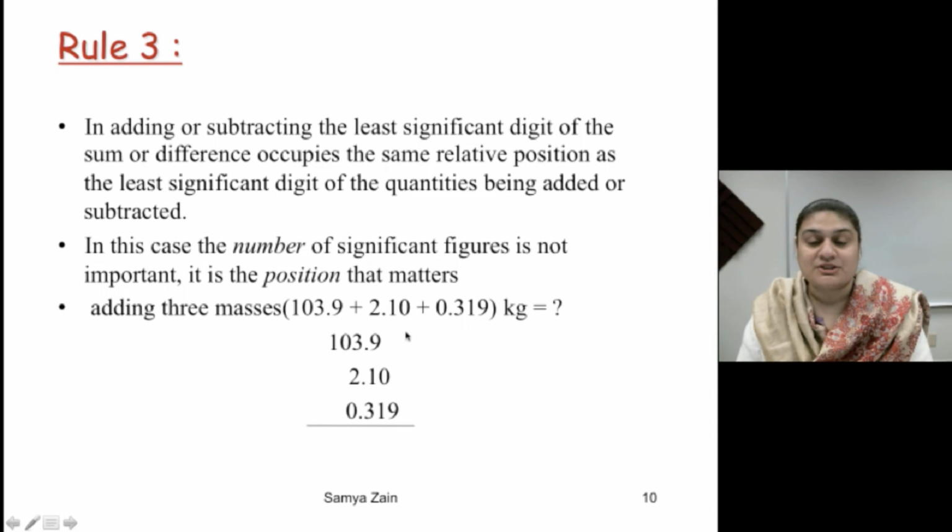Okay? And then you can start adding from the right-hand side. So your answer should be 9, 1, 9, 10, 11, 12, 13, 3 and 1 will get carried over, and this will be 6, 0, 1. So it will be expressed as 106.319 or 106.3.